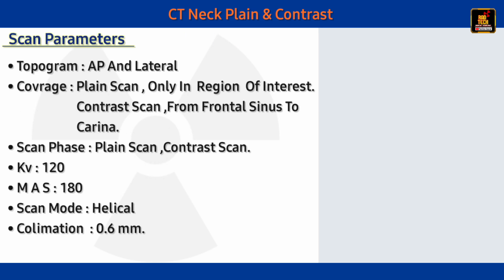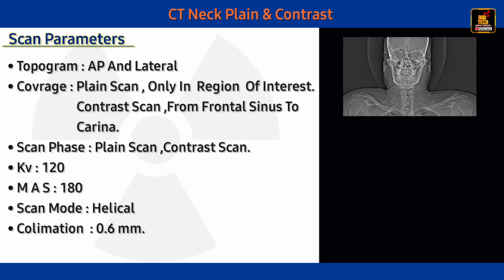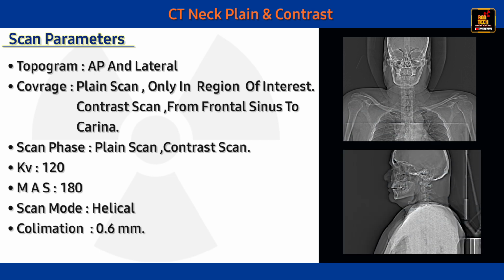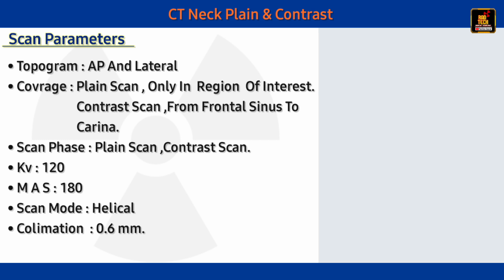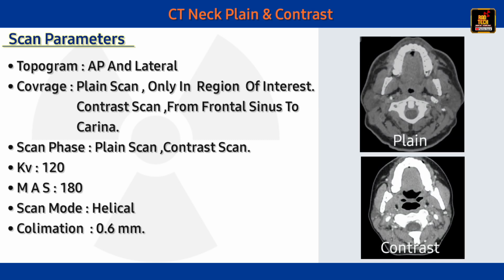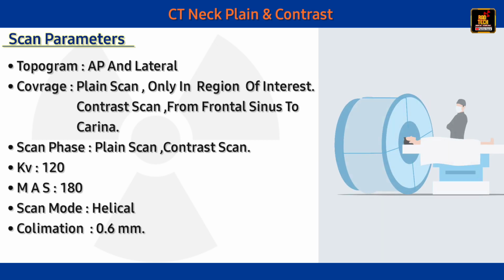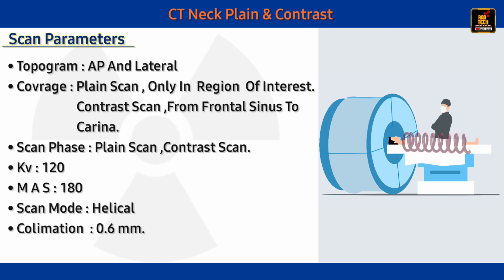Scan parameters. Topogram, AP and lateral. Coverage: plain scan, only in region of interest. Contrast scan, from frontal sinus to carina. Scan phase: plain scan, contrast scan. KV 120. MAS 180. Scan mode, helical.